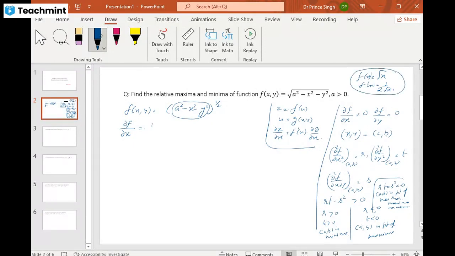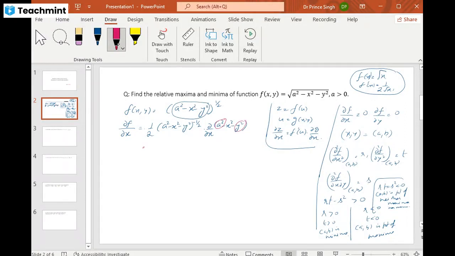So this derivative is 1 by 2 times (a squared minus x squared minus y squared) raised to the power minus 1 by 2, into the partial derivative with respect to x of (a squared minus x squared minus y squared). When we differentiate with respect to x, we keep y as a constant. So a is already constant, its derivative is 0, and the derivative of y squared is also 0.